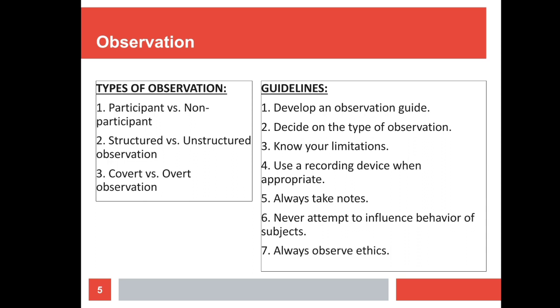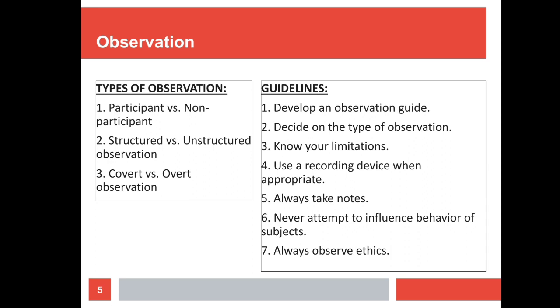A participant observation is normally done when you are involved in a particular community, and therefore you need to, of course, have maybe short interactions with your subjects. Now, between structured and unstructured, the structured observation occurs when the researcher has a list of behaviors that he or she wants to observe.